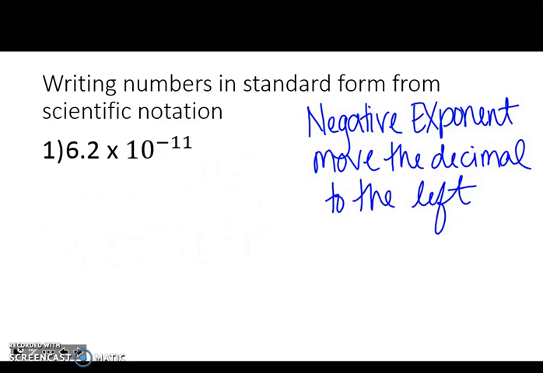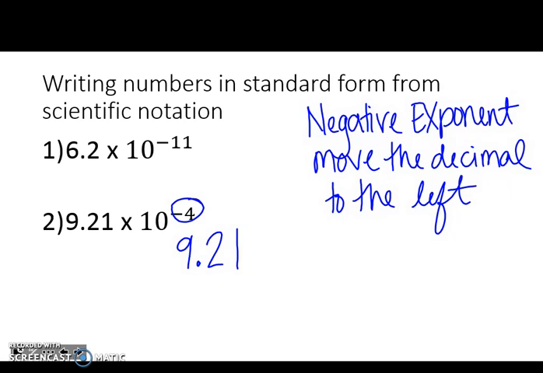All right, so let's do another one. So we're going to take 9.21, and my exponent is negative 4. So I'm going to move the decimal 4 times to the left. 1, 2, 3, 4. I'm going to fill it in with circles, or not circles, I keep saying that, with zeros.